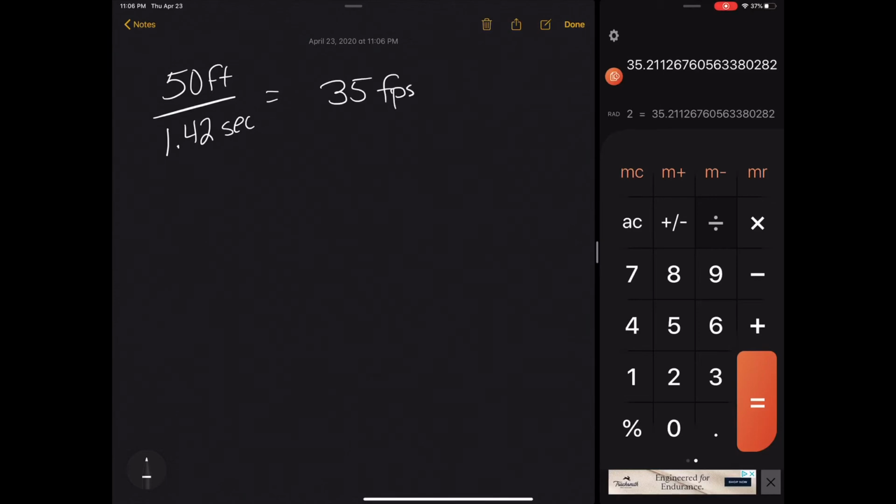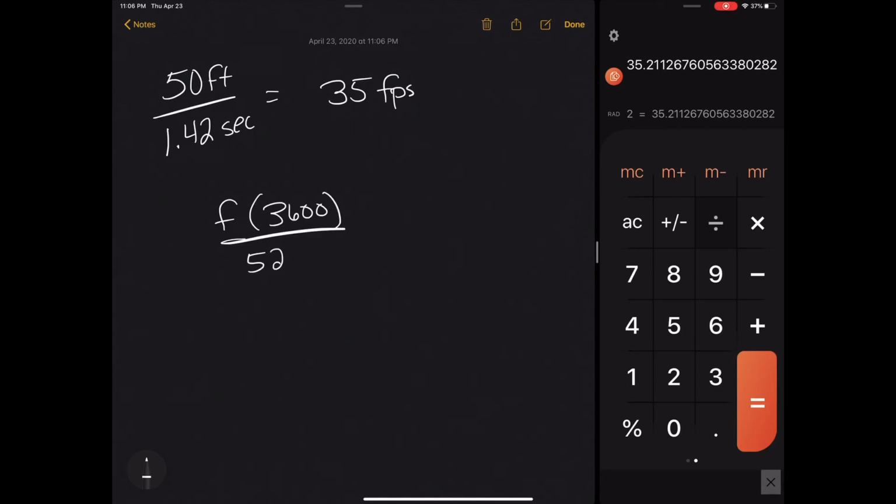All right, and then we're going to translate that with our formula. Our formula is the variable F times 3,600 divided by 5,280.